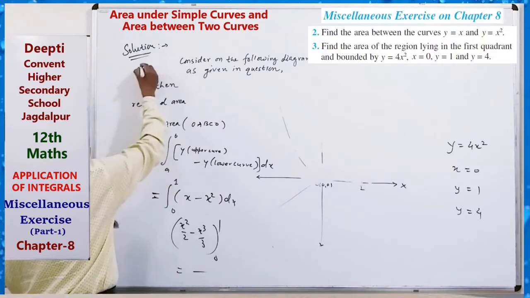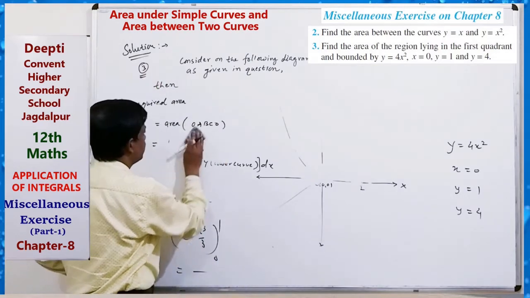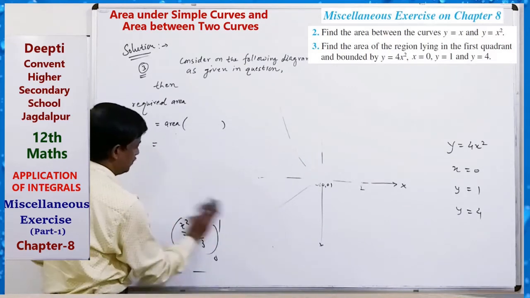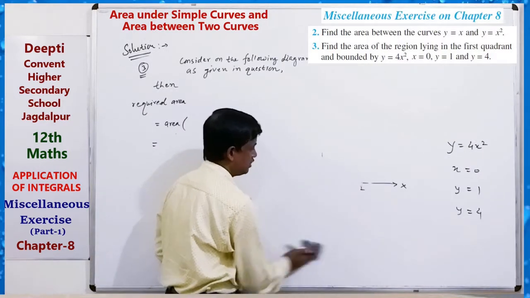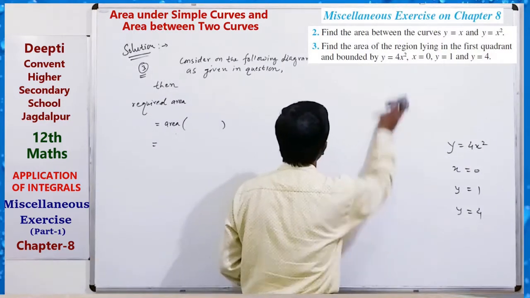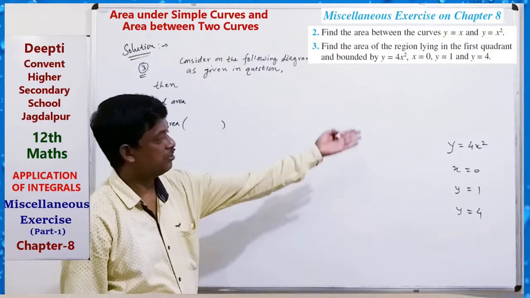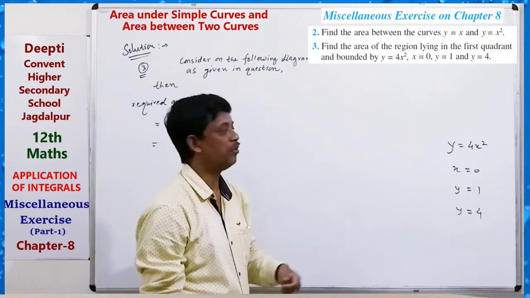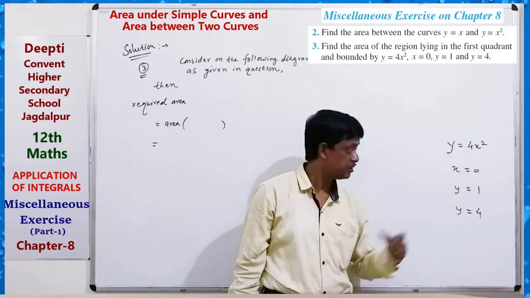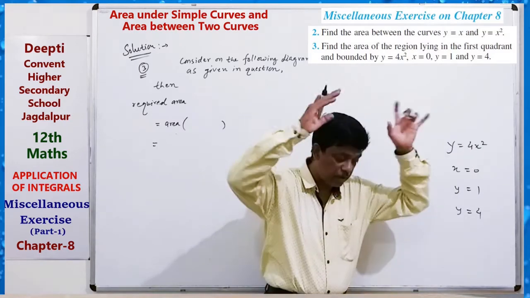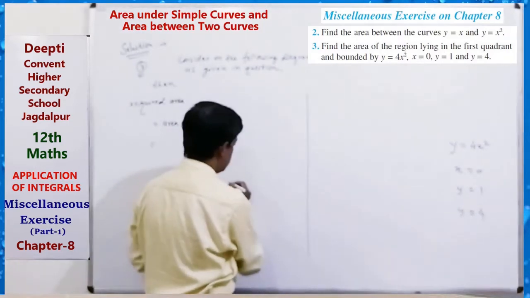Question third is also like this. These are 4 boundaries. 3 are lines, 1 is a parabola. Here also y equal to 4x square means x square equals y by 4, an upward parabola. Okay, upward parabola.